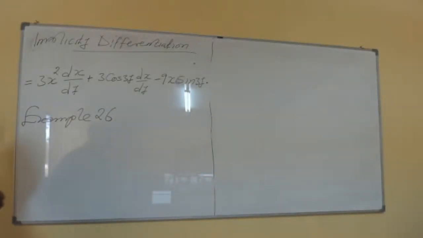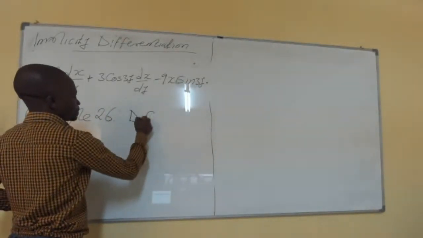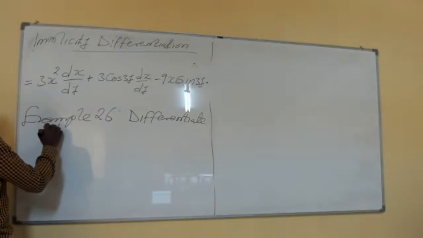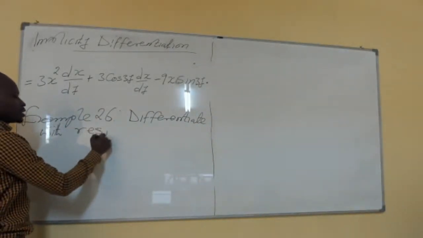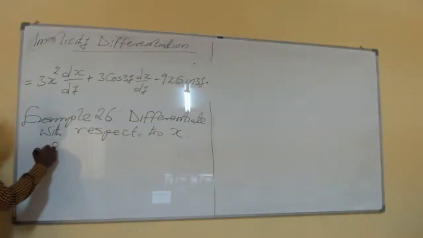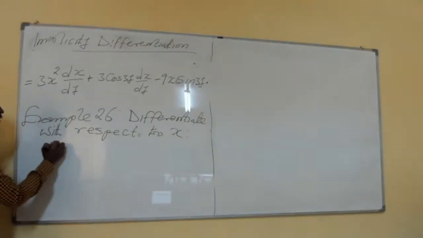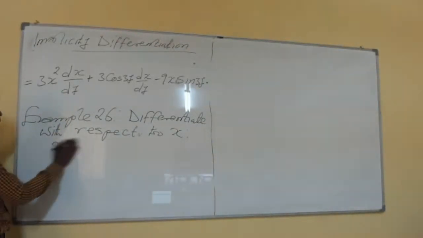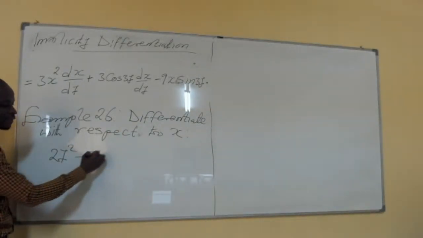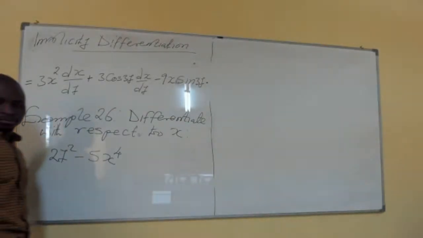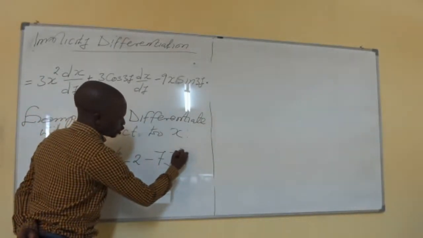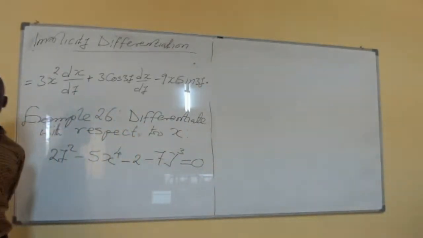So this example says differentiate with respect to x the given function 2y squared minus 5x to the power 4 minus 2 minus 7y cubed is equal to 0.